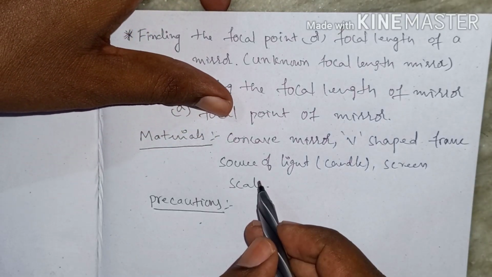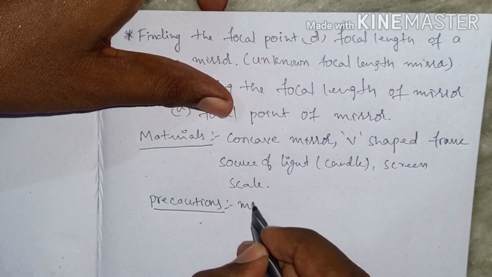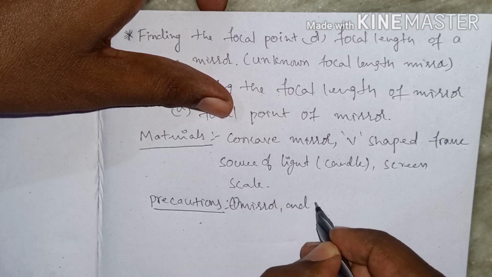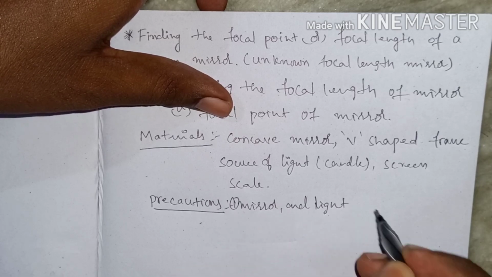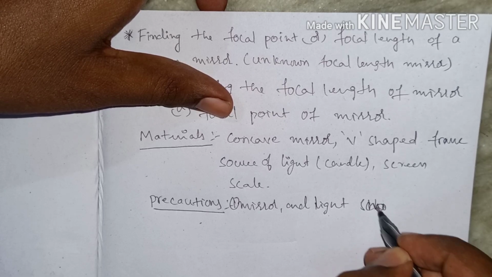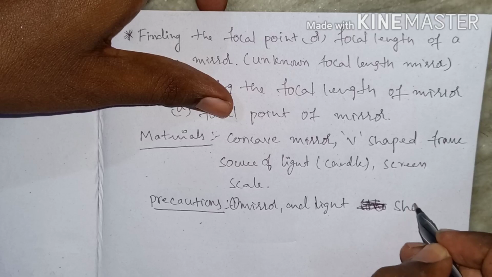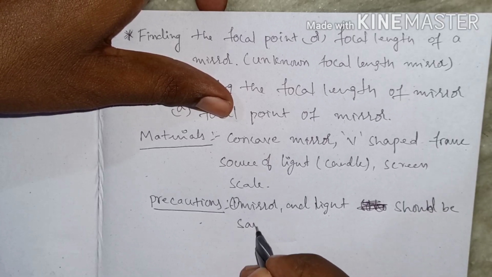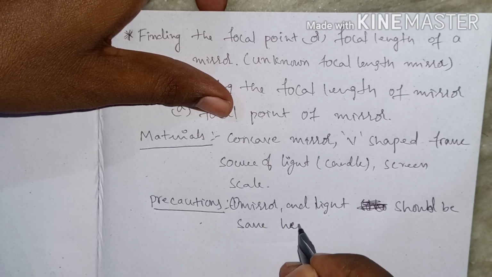So what can you write? First one: mirror and light should be at the same height.